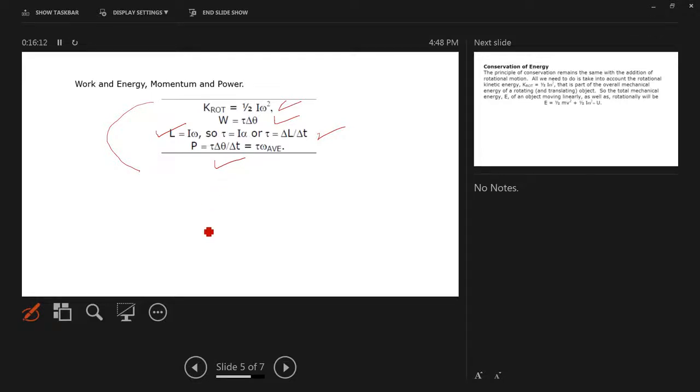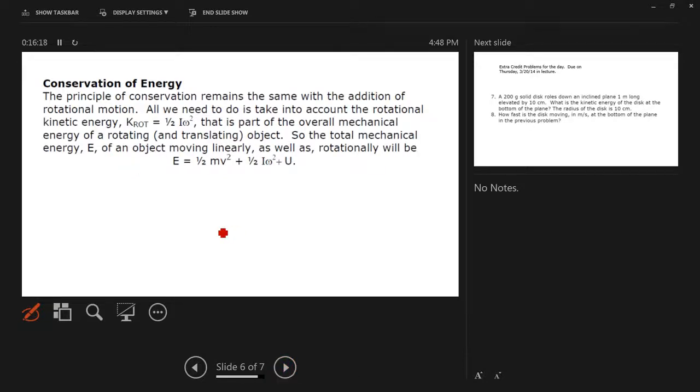Okay. Conservation of energy as well as conservation of momentum still apply regardless of the type of motion we're dealing with.